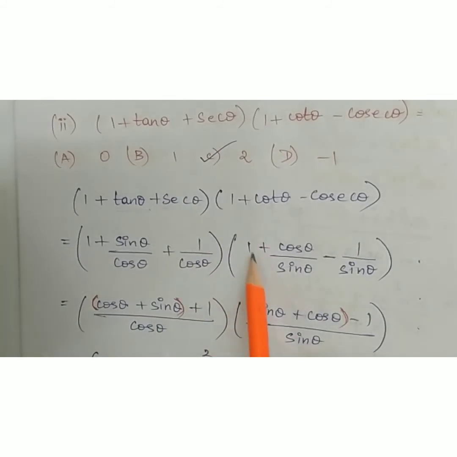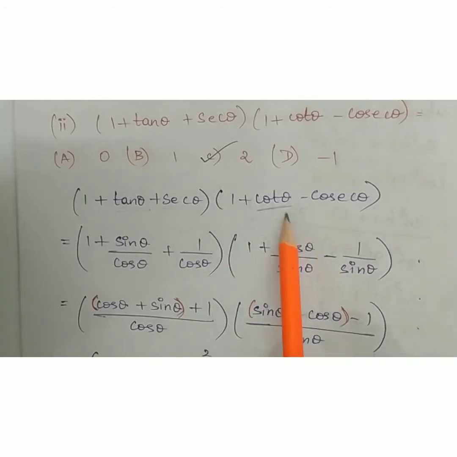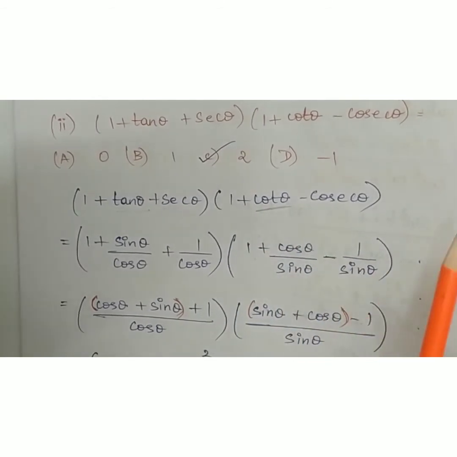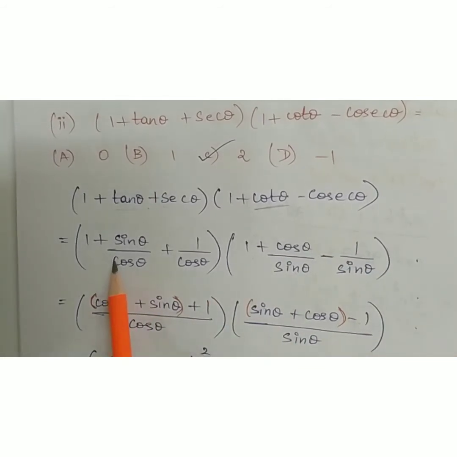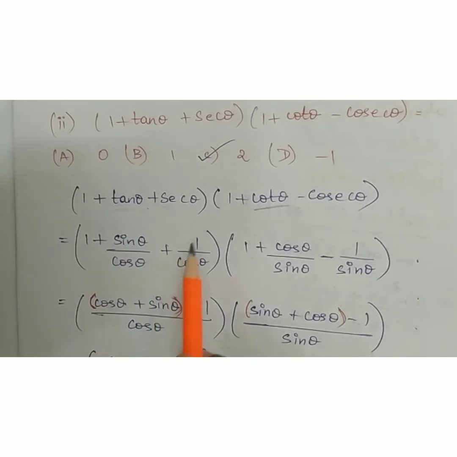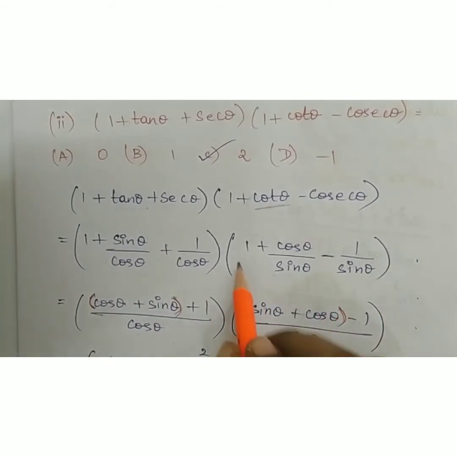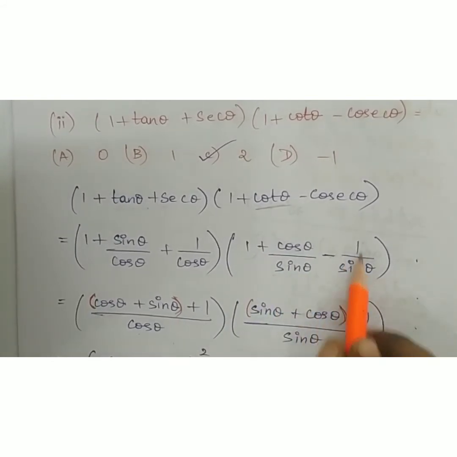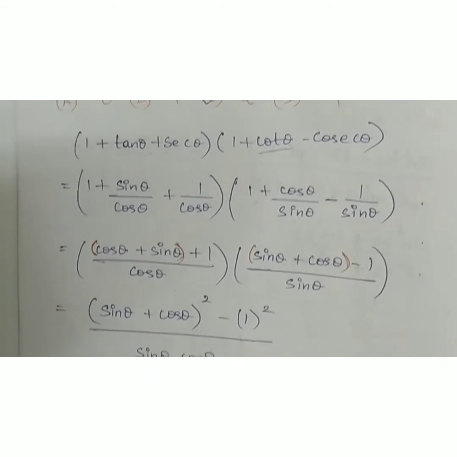Into here, cot you are writing as cos by sin, and cosecant is 1 by sin. Then you are taking LCM here. So cos theta is the LCM here. So here cos theta plus sin theta plus 1 by cos theta. Here the LCM is sin theta. You have to multiply this term by sin theta. So sin theta plus cos theta minus 1 by sin theta.